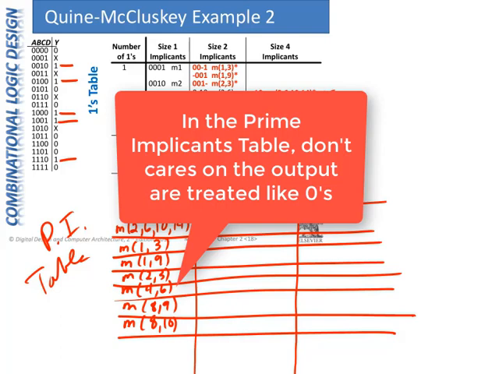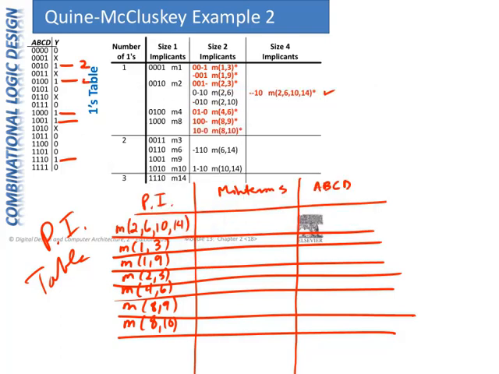But minterm 2, here's minterm 2, minterm 4, minterm 8, minterm 9, and minterm 14. So 2, 4, 8, 9, and 14 are the only minterms that have to be included in our equation.